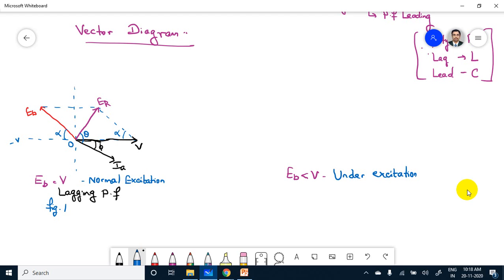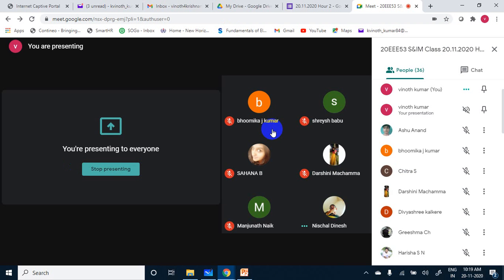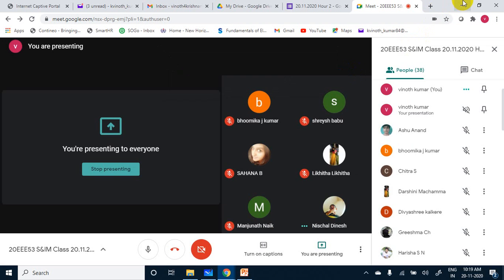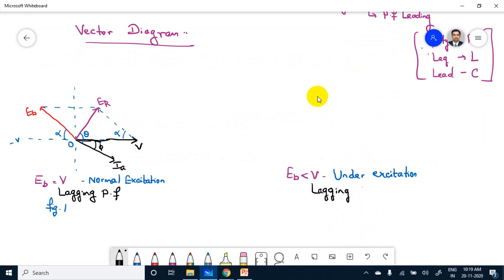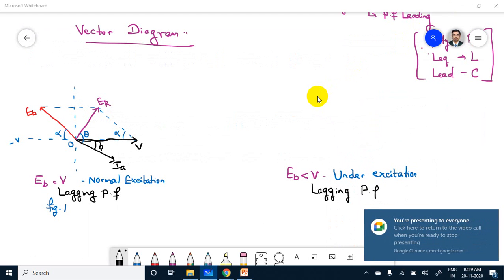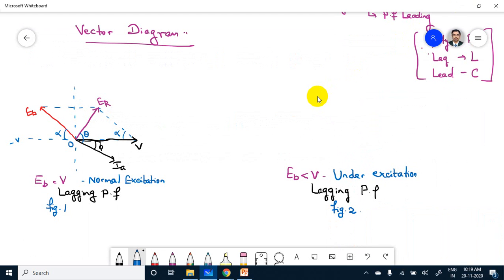In under excitation, which is lagging power factor, I have to draw different. Lagging power factor. This is figure 2.